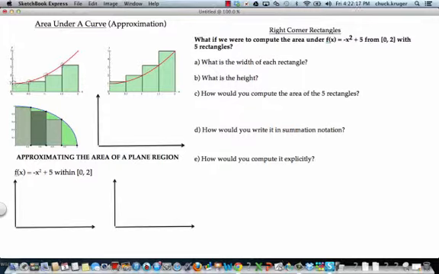Because this function is concave up and I'm touching on the left side, I have an under approximation.